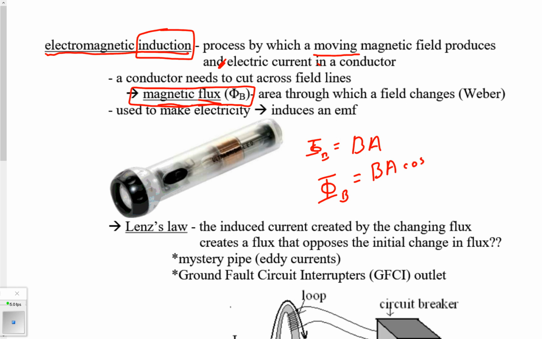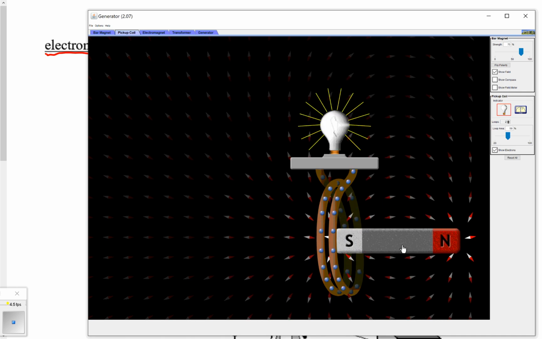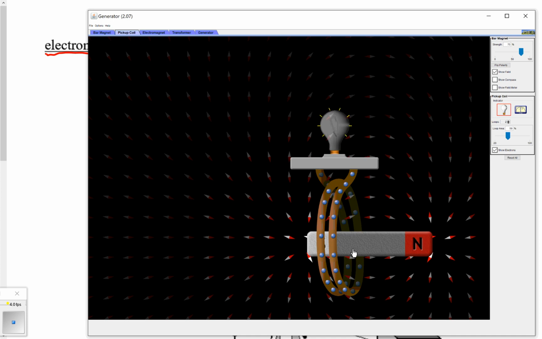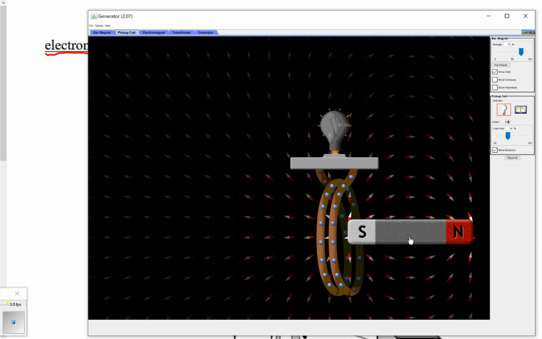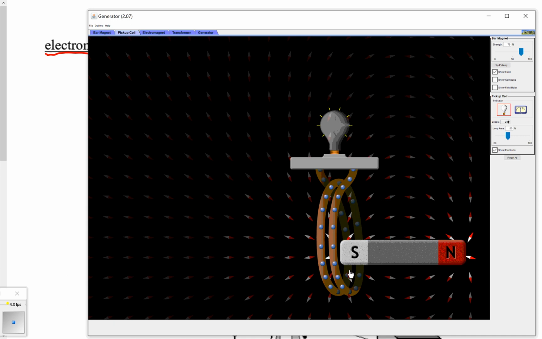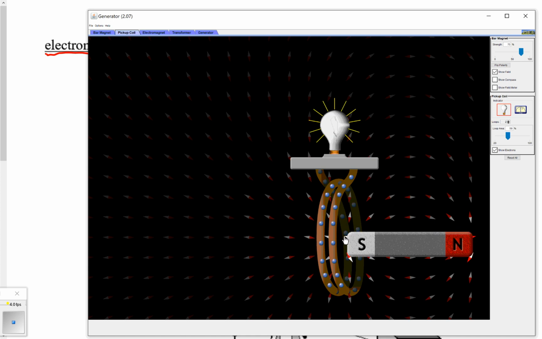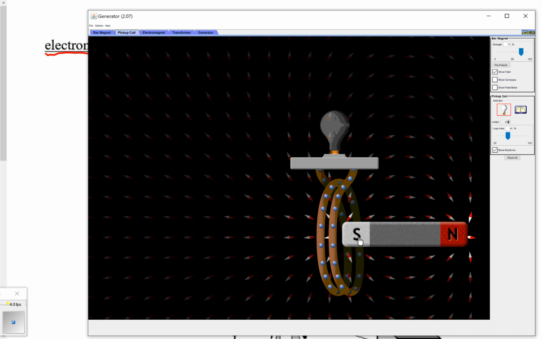Technically, if we're being picky in our physics, we even have to account for an angle between those. But flux is a product of not just the magnetic field, but the magnetic field and the area that it's in. Going back to this little diagram, the magnet is creating the magnetic field, but the flux is the product of the magnetic field going into the coil and the area of the coil itself, which we could calculate by doing pi r squared.